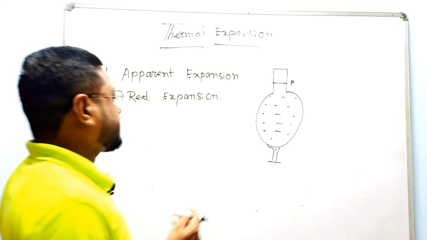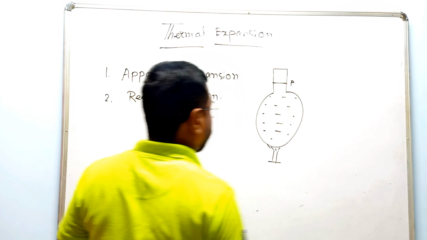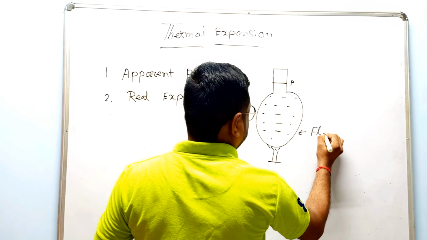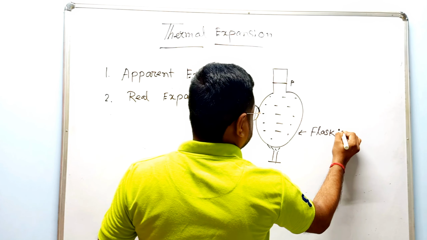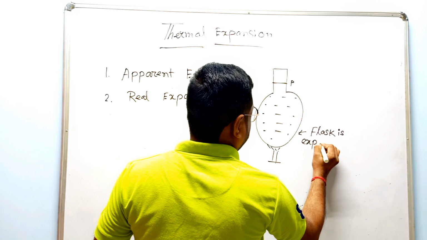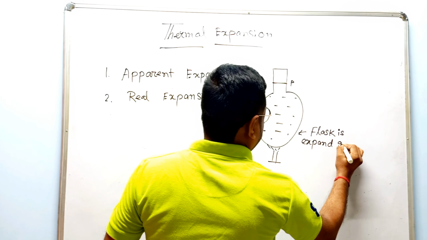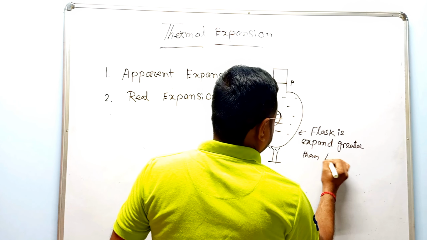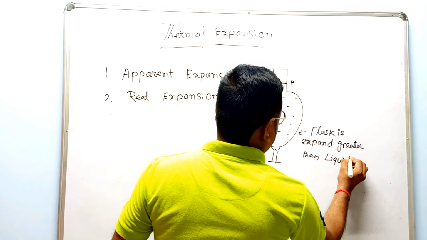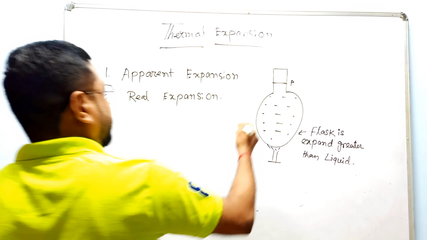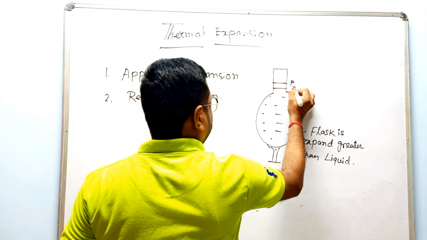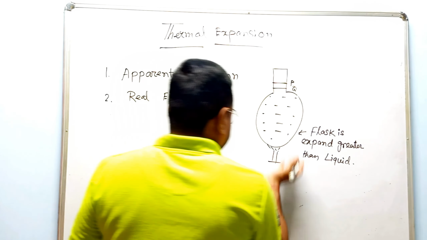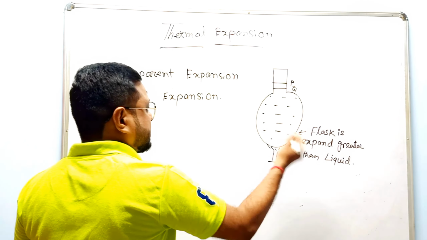Now, suppose when heat is supplied, at first the flask expands more than the liquid. So when the flask expands, the liquid falls down to the point Q. After this, when we continue the heating, the expansion of liquid is more than the flask.